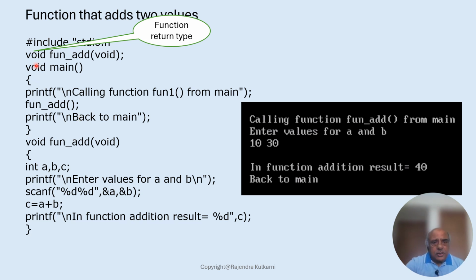So void is the return type of the function fun_add. Void is also the function argument. Whatever appears in the parenthesis after the function's name is called the function's arguments.